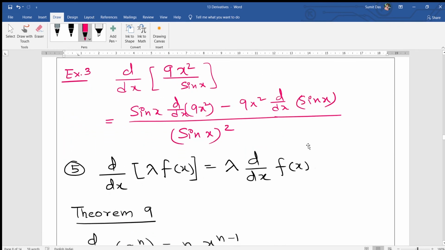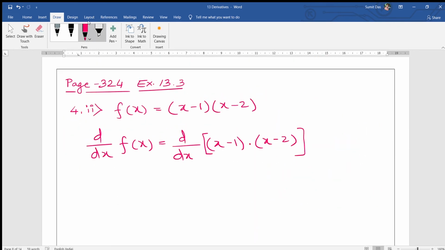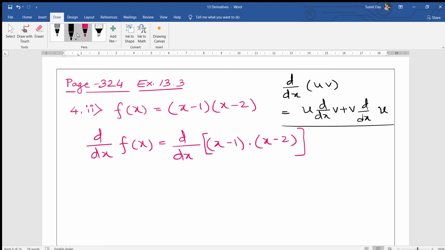If you can't remember this, I will give you the simplified form. d/dx of uv, where u is one function and v is another, is u d/dx of v plus v d/dx of u. Just the simplified form.